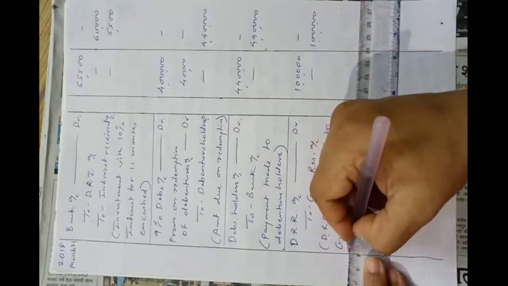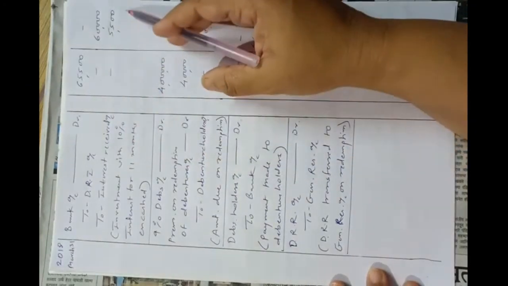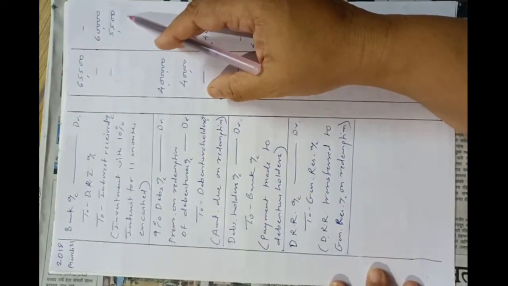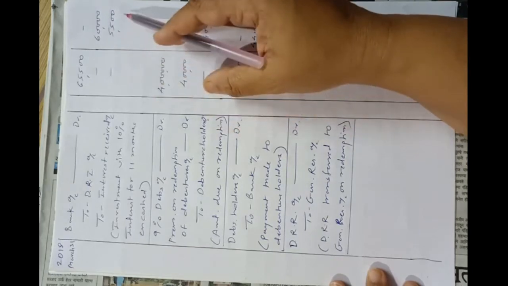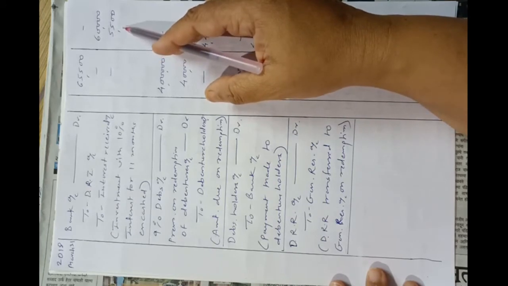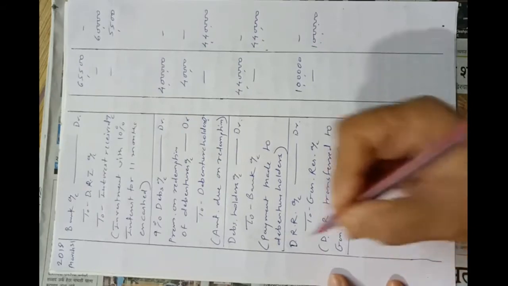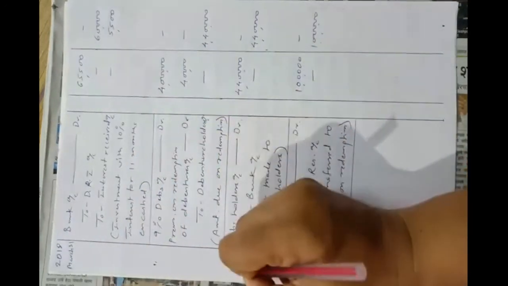And now company has received interest 5,500 from the investment made in government securities. So this interest is income of the company, so it should be transferred to statement of profit and loss. So on the same date, dates are same, please remember this.